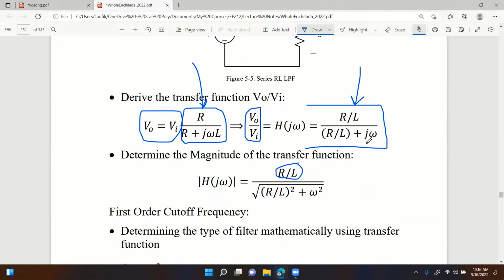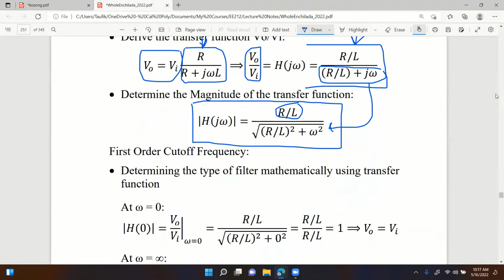That's going to be the square root of the real part squared plus the imaginary part squared. That's why I get this equation right there. So now I have the equation for the gain, or magnitude, of the transfer function. Are there any questions on this equation right here, the gain of the transfer function?